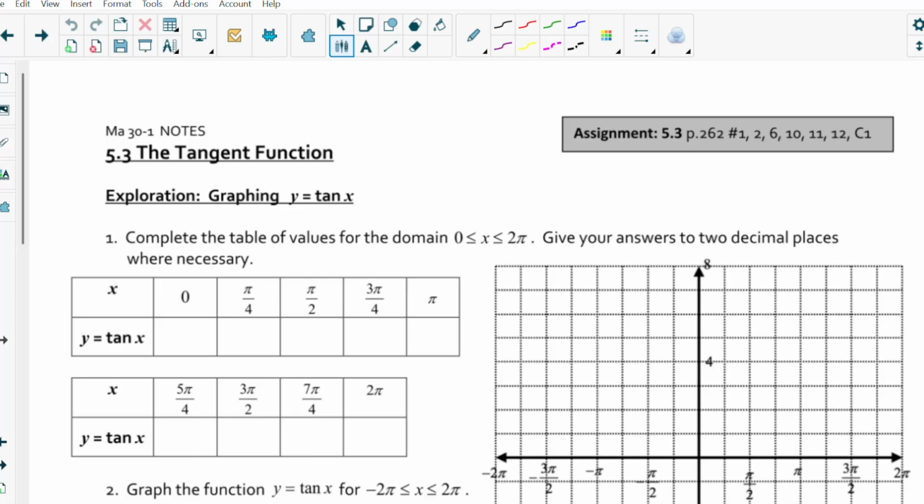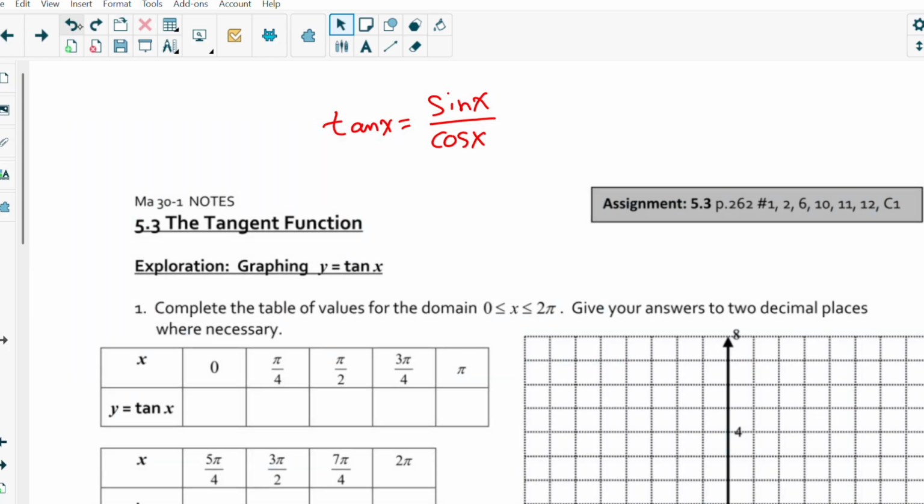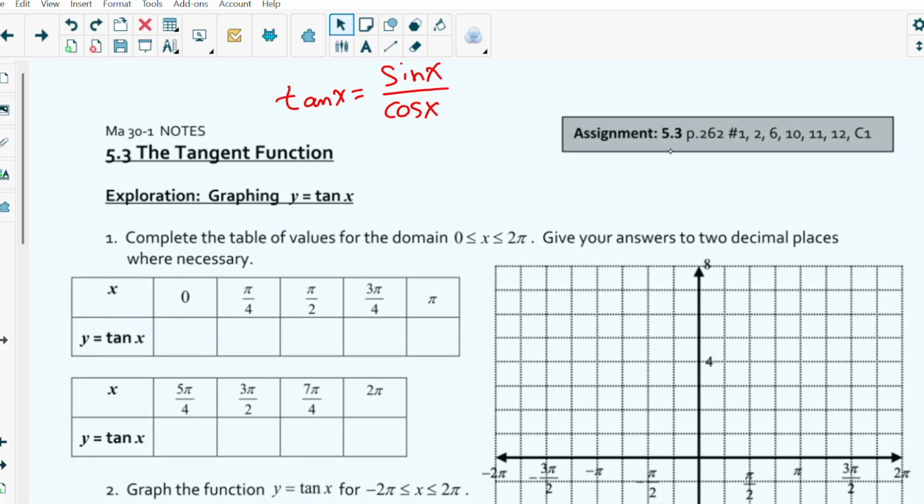So at 0, let's recall tangent of x equals sine of x divided by cosine of x. If I think about that relationship, at an angle of 0 radians, I'm thinking of what is that ratio of sine to cosine.